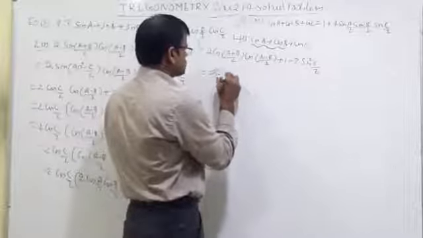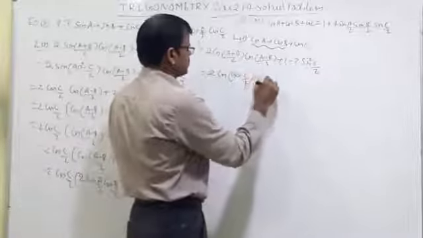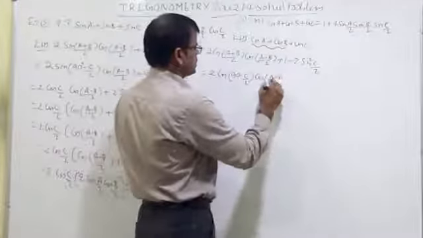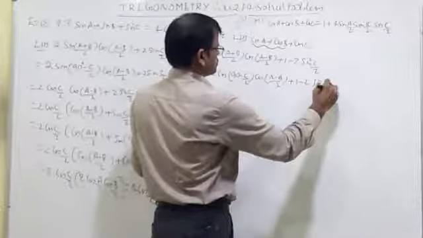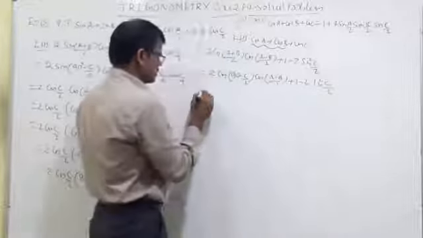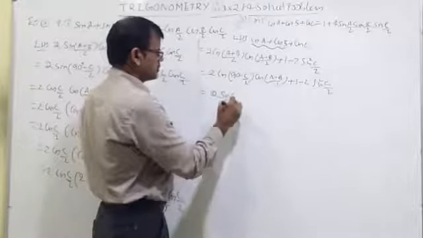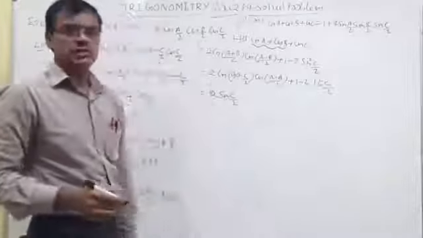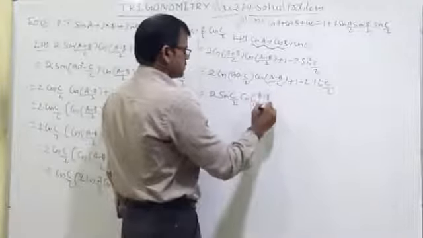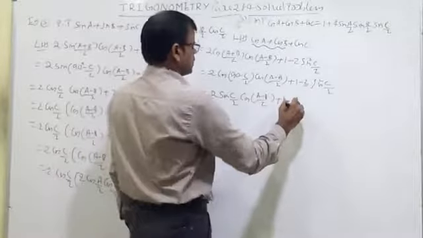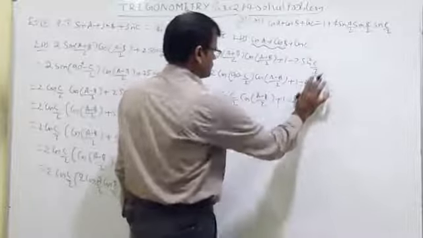Now write like this: 2 cos of 90 minus C by 2 into cos of (A minus B) by 2 plus 1 minus 2 sin square C by 2. We know cos of 90 minus theta is sin theta, so this becomes 2 sin C by 2 into cos of (A minus B) by 2 plus 1 minus 2 sin square C by 2.